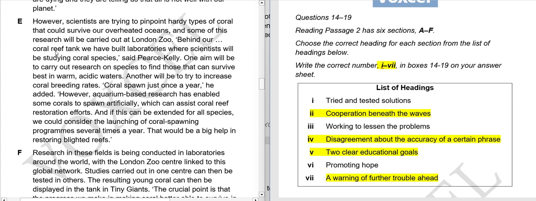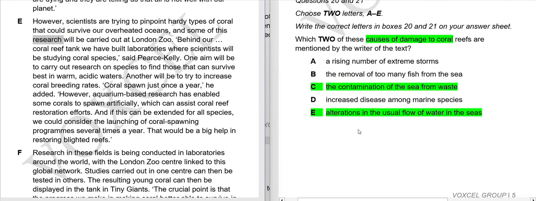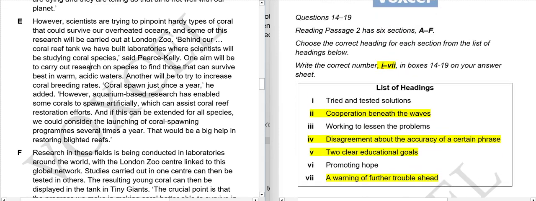However, scientists are trying to pinpoint hardy types of coral that could survive our overheated oceans, and some of this research will be carried out at London Zoo. So in this paragraph, we are talking about research and London Zoo. Let me mark it here for you.